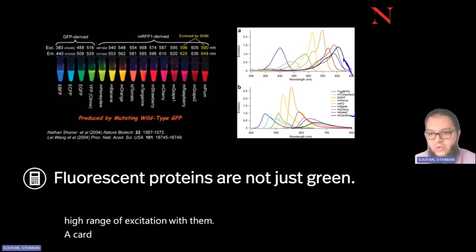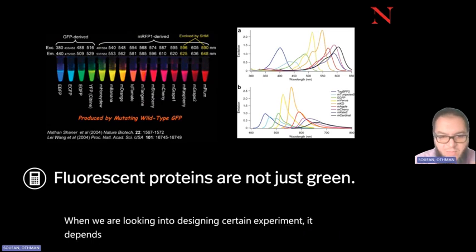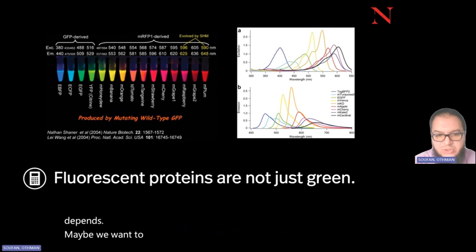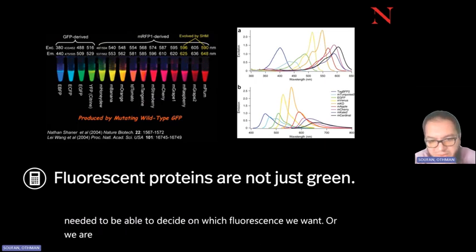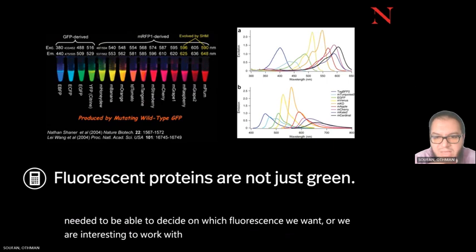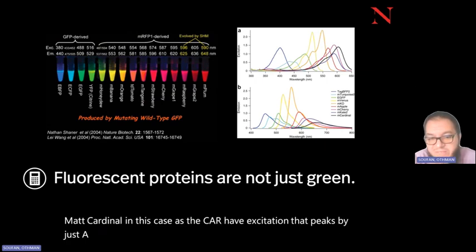In other words, when we are looking into designing a certain experiment, it depends. Maybe we want to look more into the wavelength and the energy needed to be able to decide on which fluorescence we want or are interested to work with. mCardinal in this case, as a color, has excitation that peaks by just a difference of 15 nanometers.